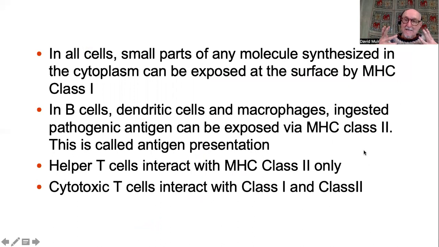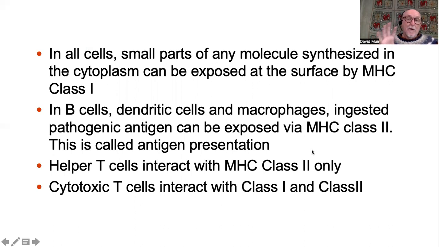That exposes exogenous proteins or things that have either infected the cell, been ingested by the cell and been digested. That is whatever it is, whether it's bacteria, viruses, whatever, that have been ingested, digested, they can be exposed by MHC class 2.